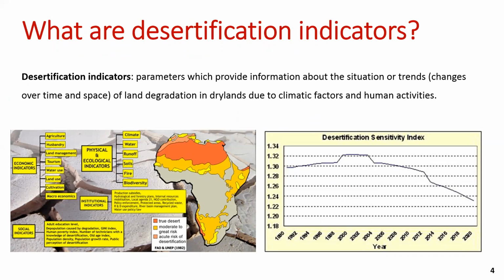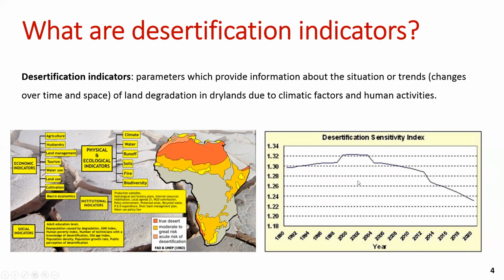Now, what are the indicators for desertification? Well, the indicators for desertification are basically parameters that can be collected, and these parameters provide us with information about the situation or the trend of land degradation in drylands due to climatic and human activities.